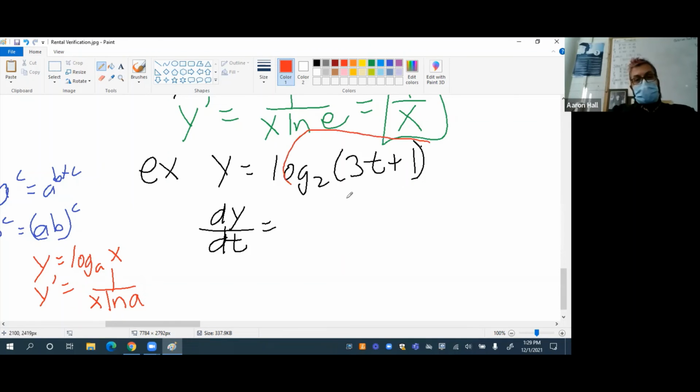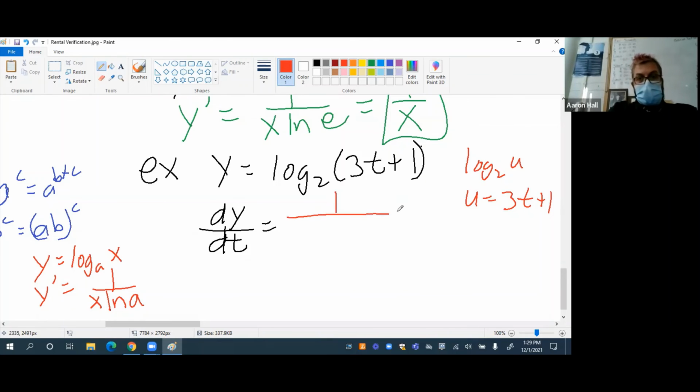So what is this? Do you guys see the chain rule? Yeah, because this is log base 2 of u, and u is 3t plus 1. So what do we have? 1 over 3t plus 1, ln of 2.